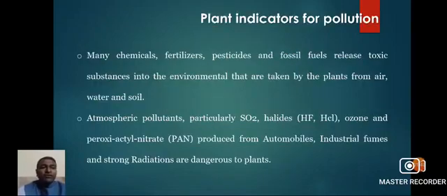Plant indicators for pollution can be found in nature because many chemicals, fertilizers, pesticides, and fossil fuels release toxic substances into the environment.